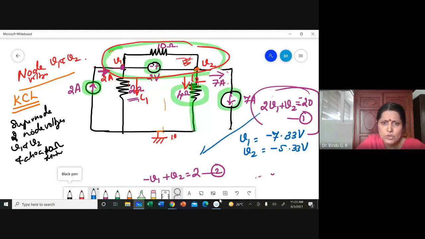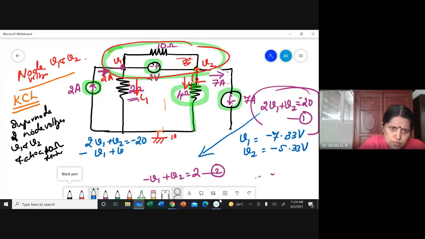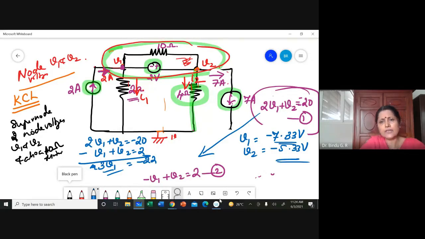I hope you know how to solve these. 2V1 plus V2 is equal to minus 20, and minus V1 plus V2 is equal to 2. Cramer's rule is not needed here. You just subtract between these two, you will get 3V1 is equal to minus 22. V1 will be this, and then from the other equation you can find out V2.